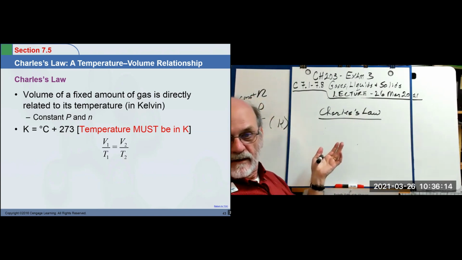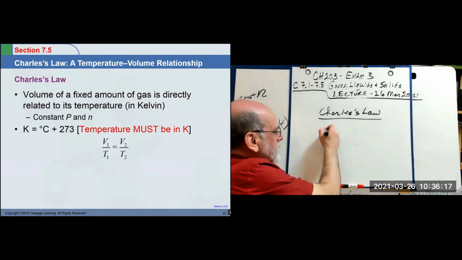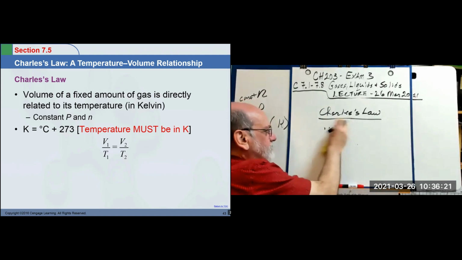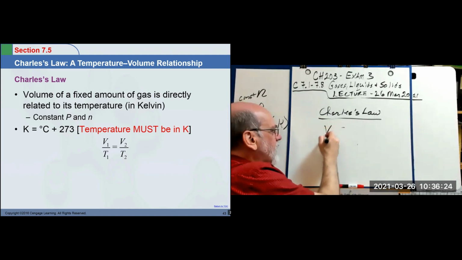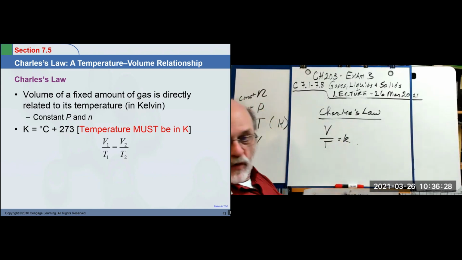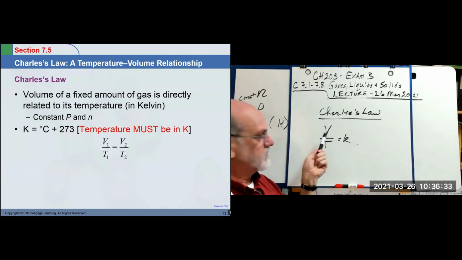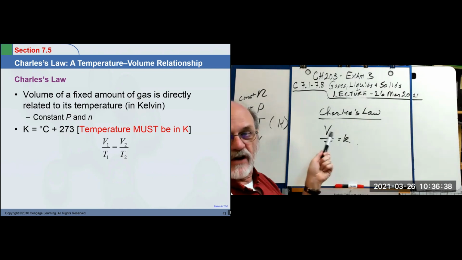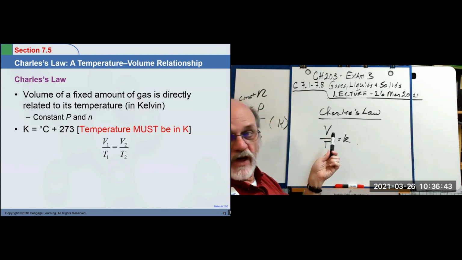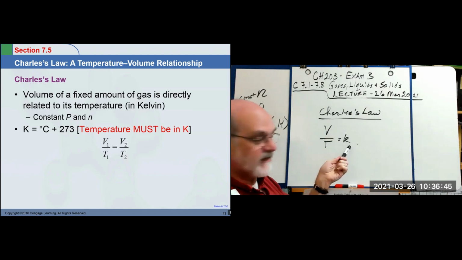Charles' law relates volume and temperature. Oops, excuse me. Wrong relationship. Volume over temperature is a constant. So whenever you have a quotient, not a product, but a quotient of two variables equal to a constant, you have a direct relationship. That is, volume goes up as temperature goes up in order to maintain that constant, right?